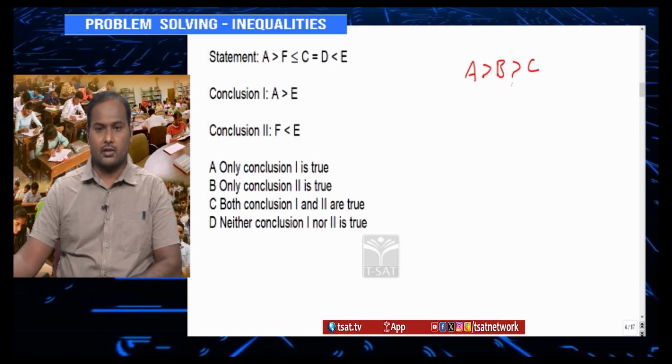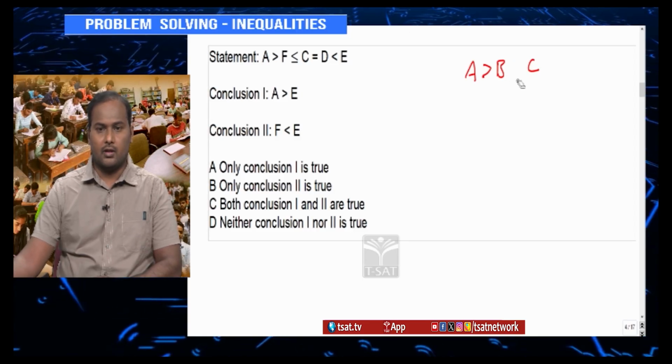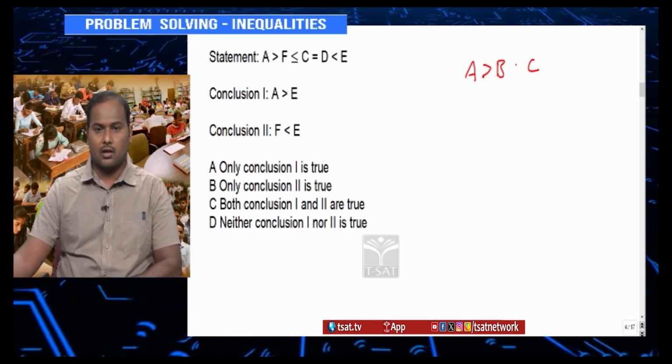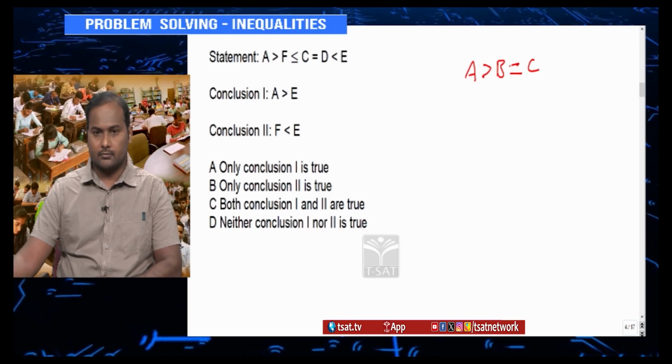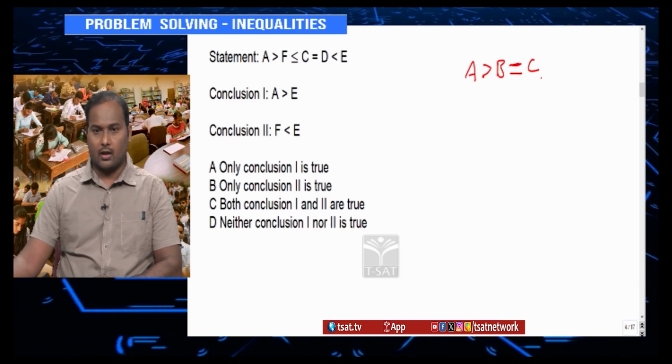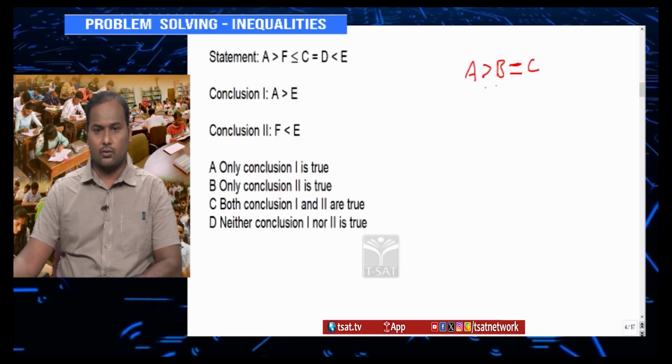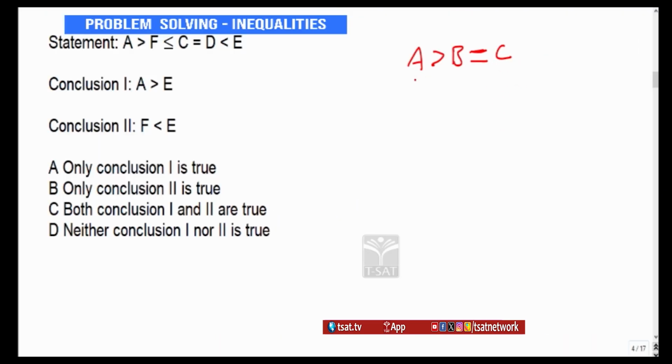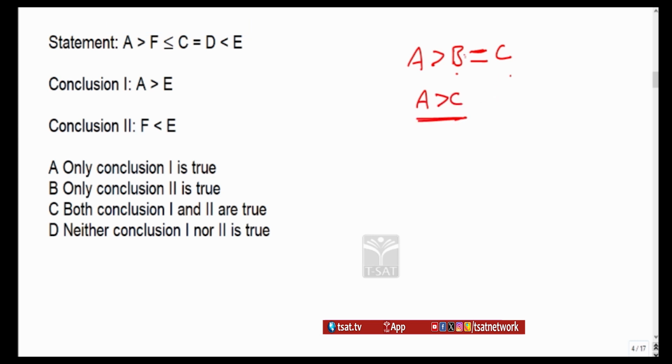If at all the statement is like this, A is greater than B and B is equal to C, what is the relation between A and C? So here also the conclusion that follows is A is greater than C, because when he said that B is equal to C, directly I can write A is greater than C, because here B and C both are same.